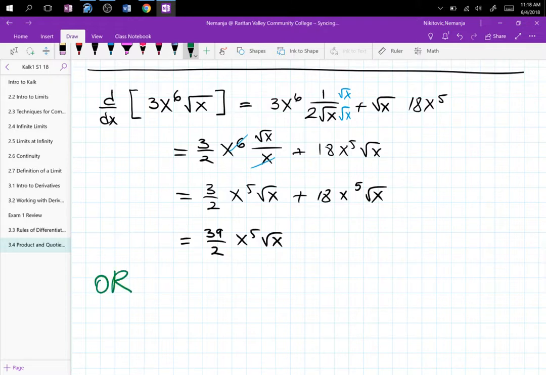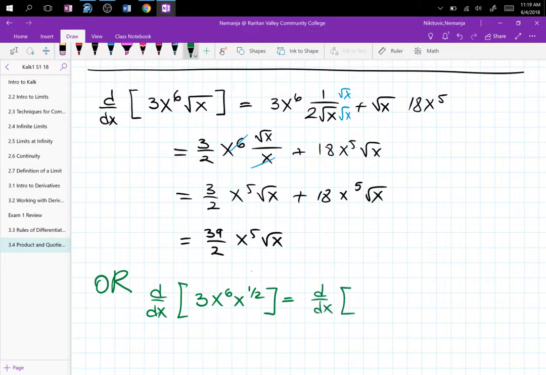Or the derivative of 3x to the 6x to the 1/2. Add the exponents to 13/2 and then just use the basic derivative instead of doing anything with the product rule.